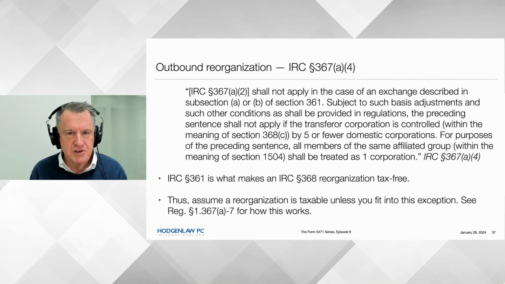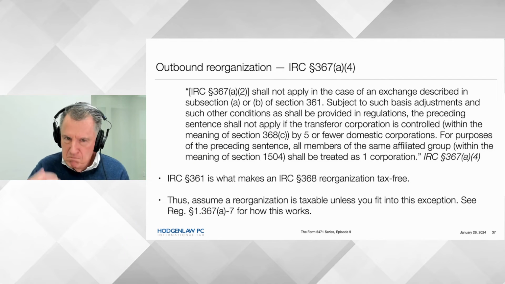Outbound reorganization. I will come to a slide a couple from now where you will see learned professionals saying bad things about the -7 regulations and this specific rule. But the gist of the idea is you've got a reorg and you're looking at the transferor corporation and the ownership of the transferor corporation, and is it closely held by 5 or fewer domestic corporations.